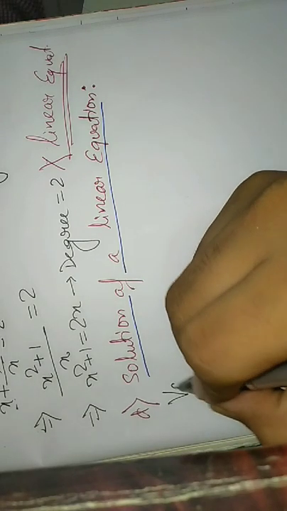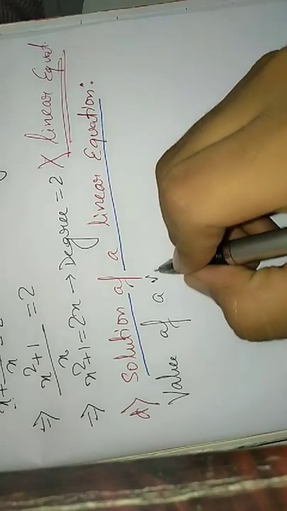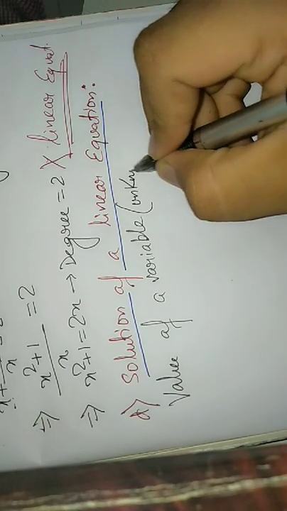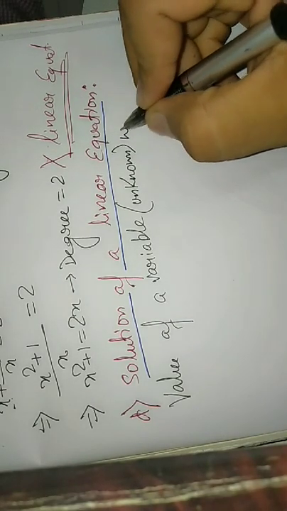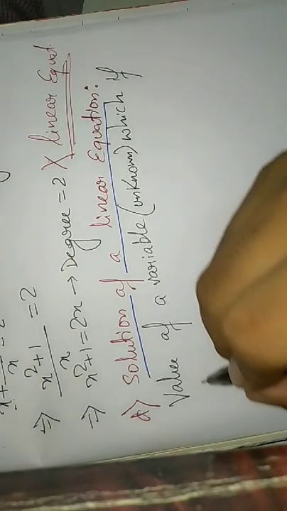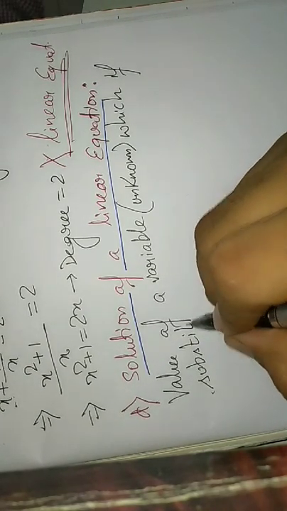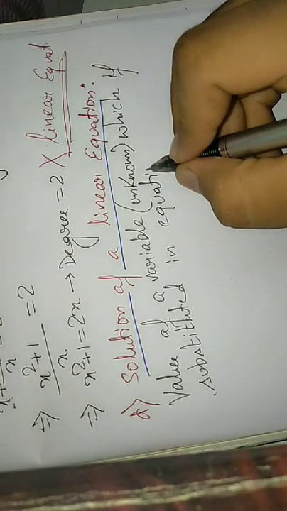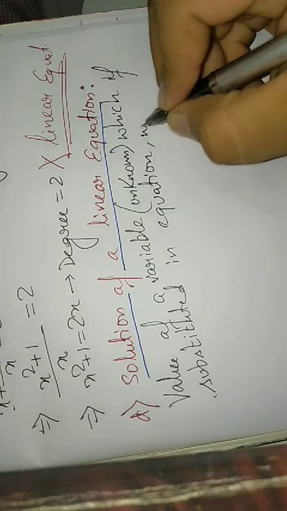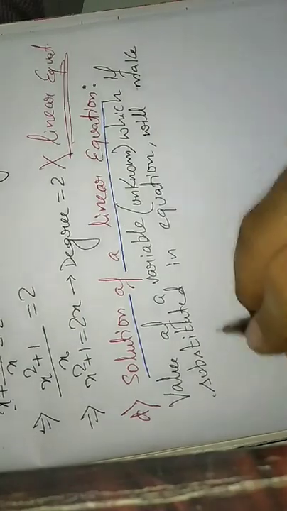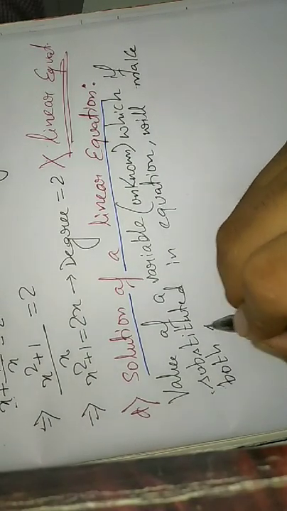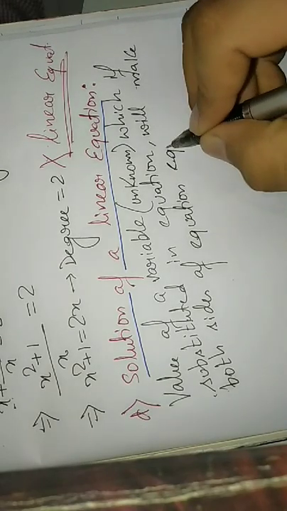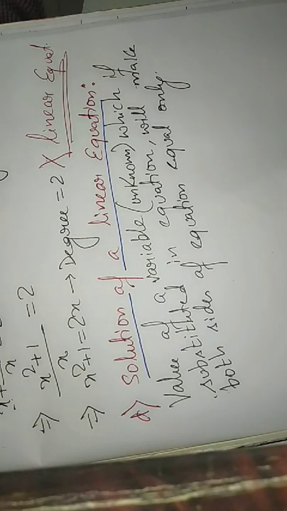It is the value of a variable, and this variable is unknown to you, which, if substituted in the equation, will make both sides of the equation equal.